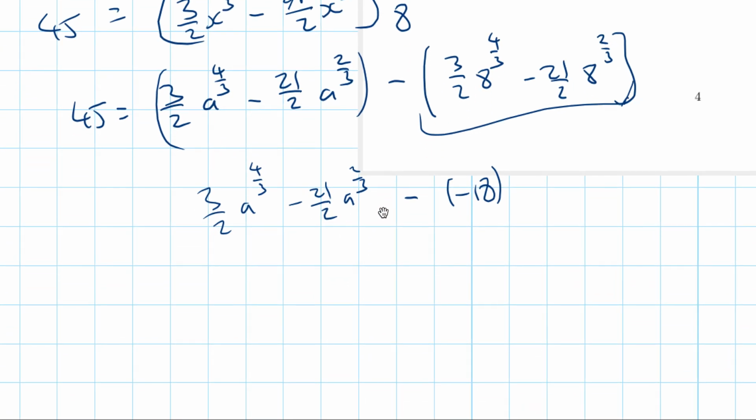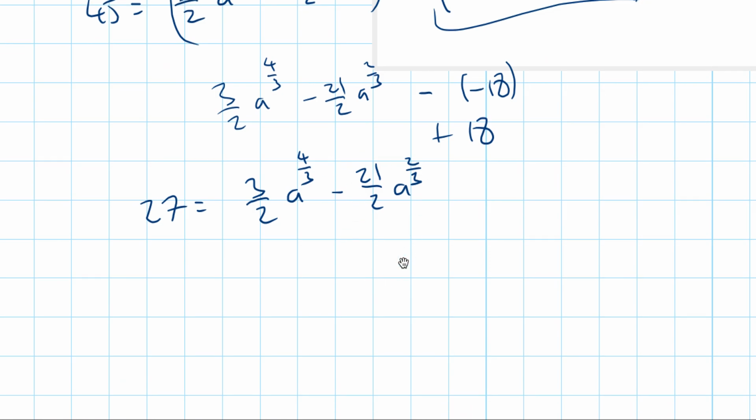From this result, this is going to be a plus, so it will become plus 18, and then we can subtract that from the other side to get 45 minus 18 is equal to 27. So it's going to be 27 is equal to 3 over 2 a to the power of 4 over 3 minus 21 over 2 a to the power of 2 over 3.